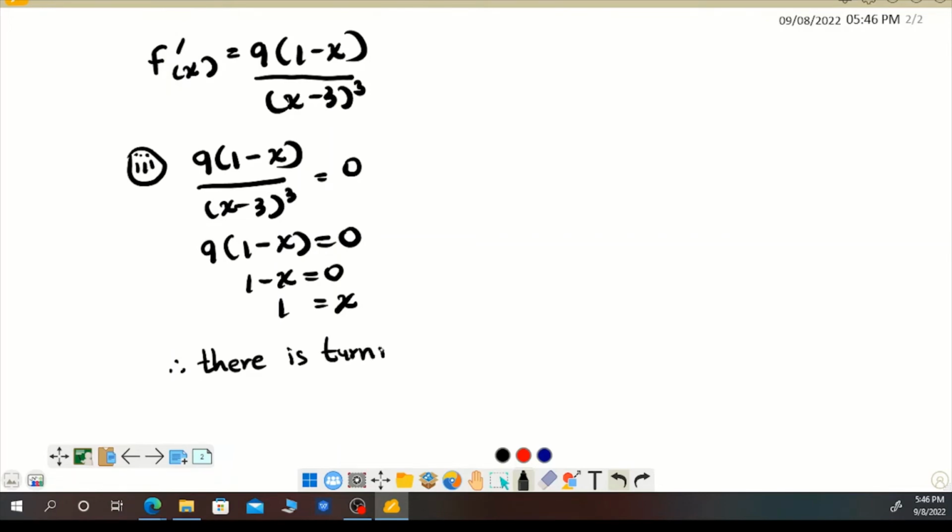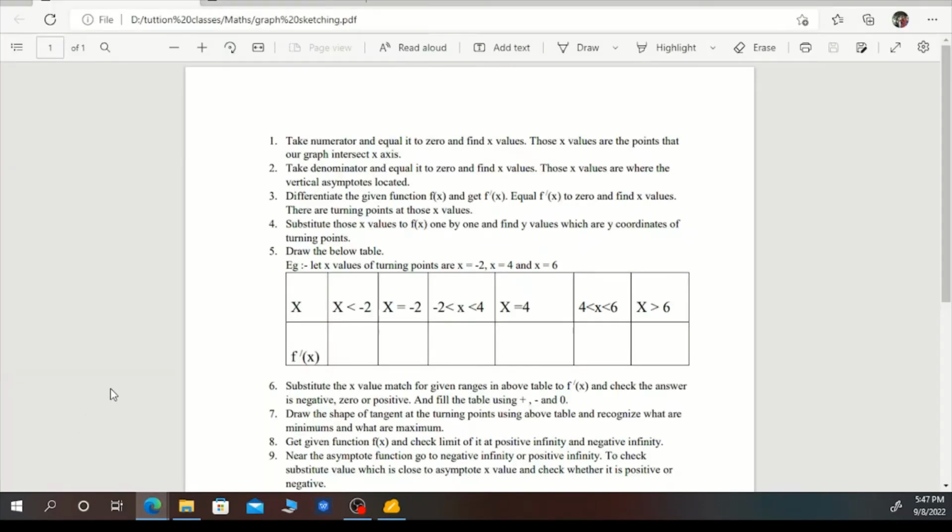Right, so I found the x coordinate of the turning point. After that, I have to find the y coordinate of the turning point. So substitute those x values into f(x) one by one and find the y values, which are the y coordinates of the turning points.